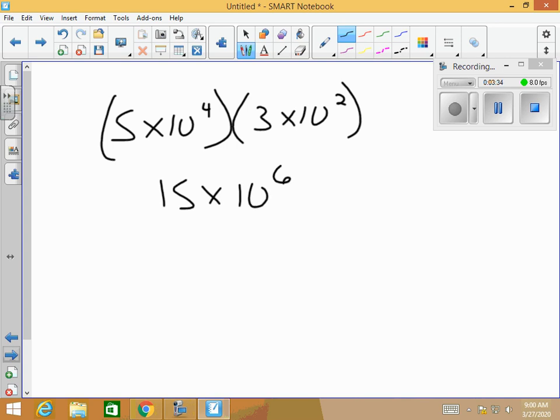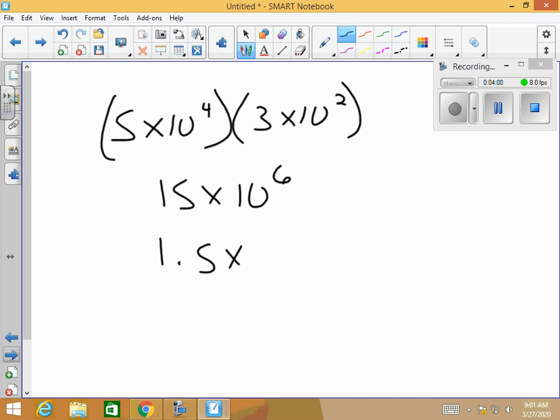It's actually that simple. Everything is right except for one malfunction. It's no longer in scientific notation, because scientific notation says 1 digit, then a decimal, and then the rest of our numbers, and then times 10 to the whatever exponential value. Well, we don't have that, so we have to make this 1 and 5 tenths.